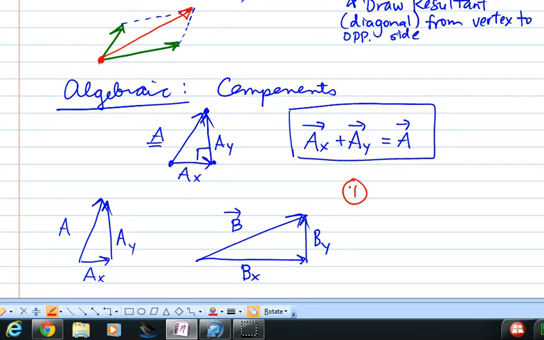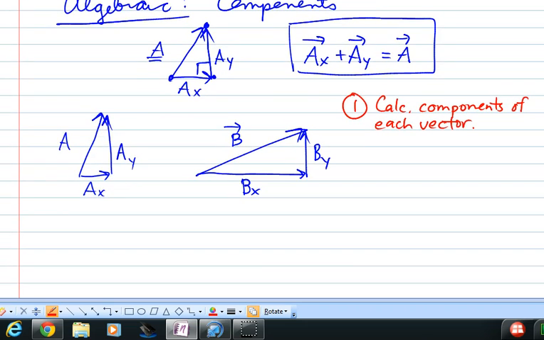Okay, so the general strategy for adding components is basically you have to calculate the components of each vector. Okay? So if you have 5 vectors, you're going to have 5 x components and 5 y components.